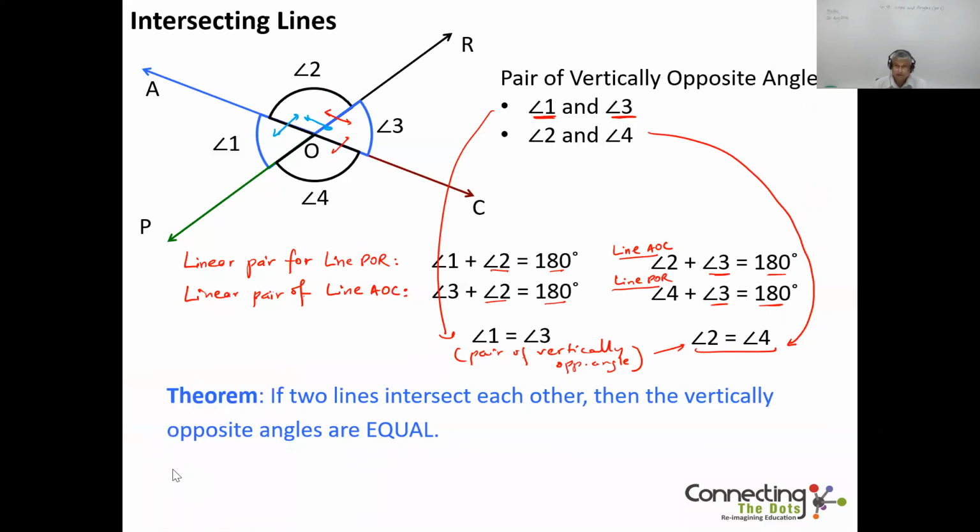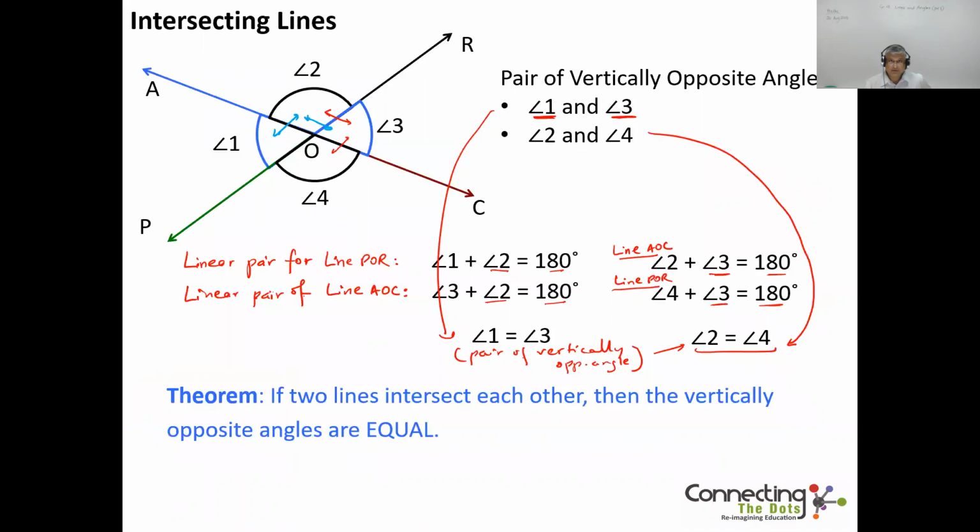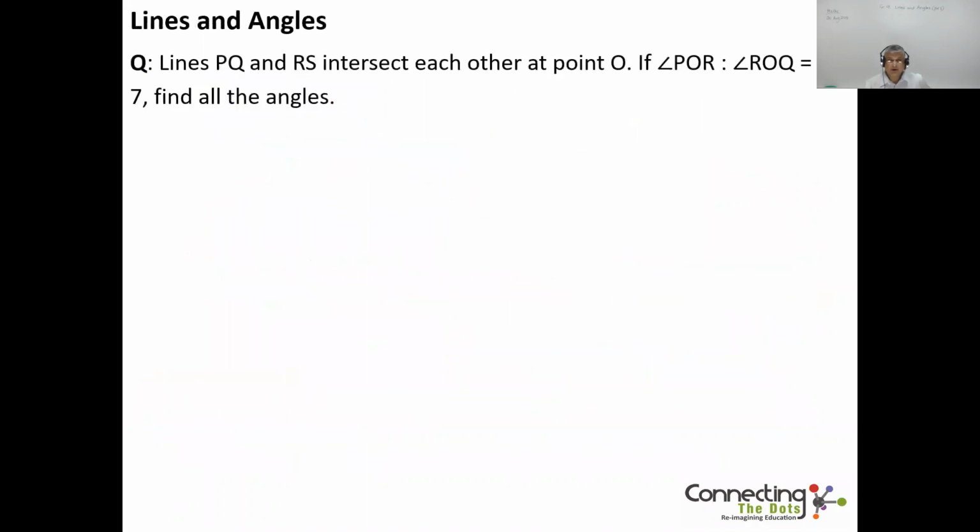So a pair of vertically opposite angles are always equal. This is also called the vertically opposite angles theorem. All right, and we are going to use this again and again throughout our class.